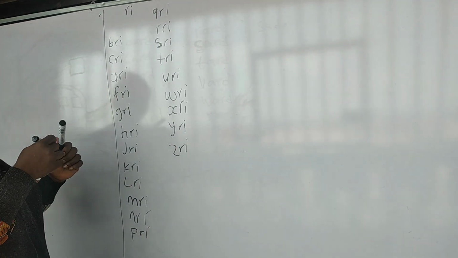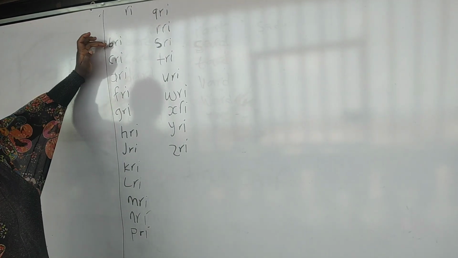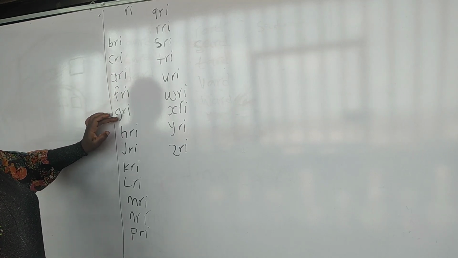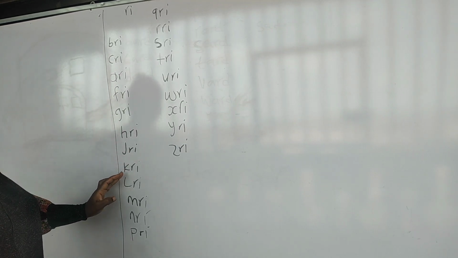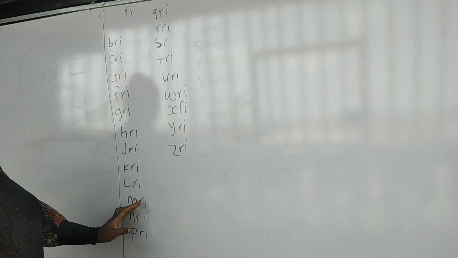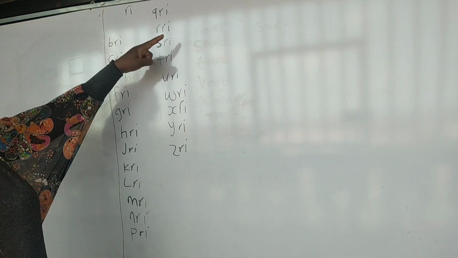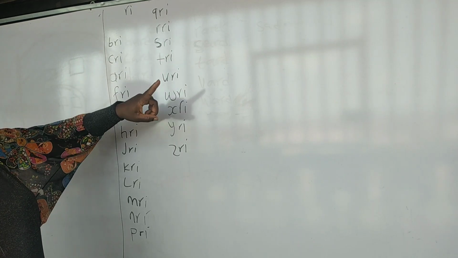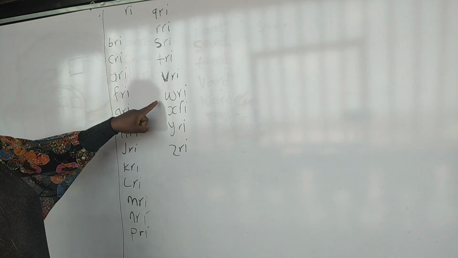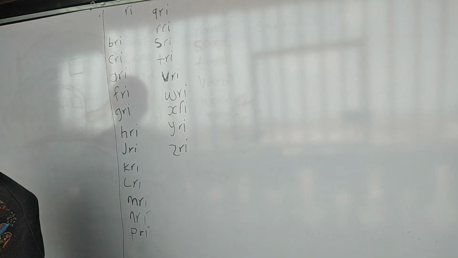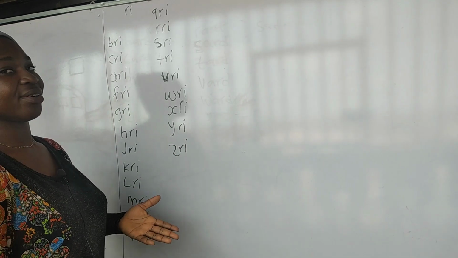Okay, so let's go over it. We have bri, kri, dri, fri, gri, hri, dri, kri, ri, mli, li, pri, kri, ri, sri, tri, vri, ri, sri, yri, zli.